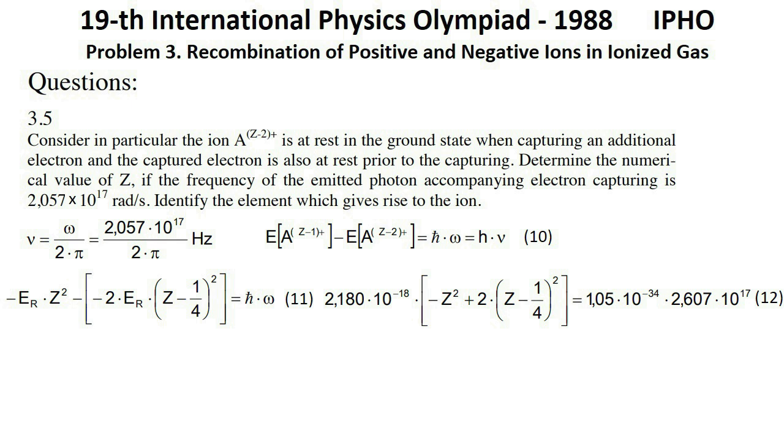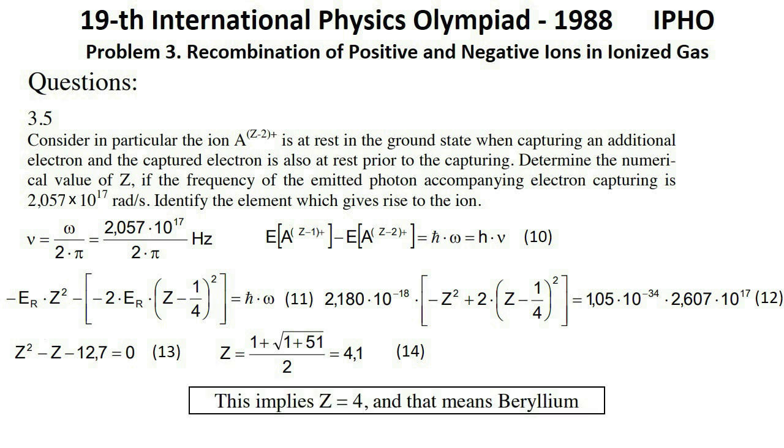Putting in known numbers follows equation 12, which can be simplified to 13. With the physical sense, Z is 4.1. Expression 14. This implies Z equals 4, and that means beryllium. That was the solution to question 5. So we discussed all 5 questions to problem 3.